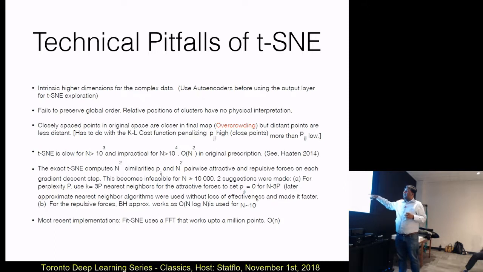These are a few. t-SNE is slow. As developed in the original paper, it is slow for n greater than 10 to the power 3, and impractical for more than 10,000 data points because it was order n squared. After that, the 2014 paper cut down the attractive interactions to only 3p nearest neighbors, and for repulsive forces it uses a specialized approximate technique which loses a little bit of the cost.